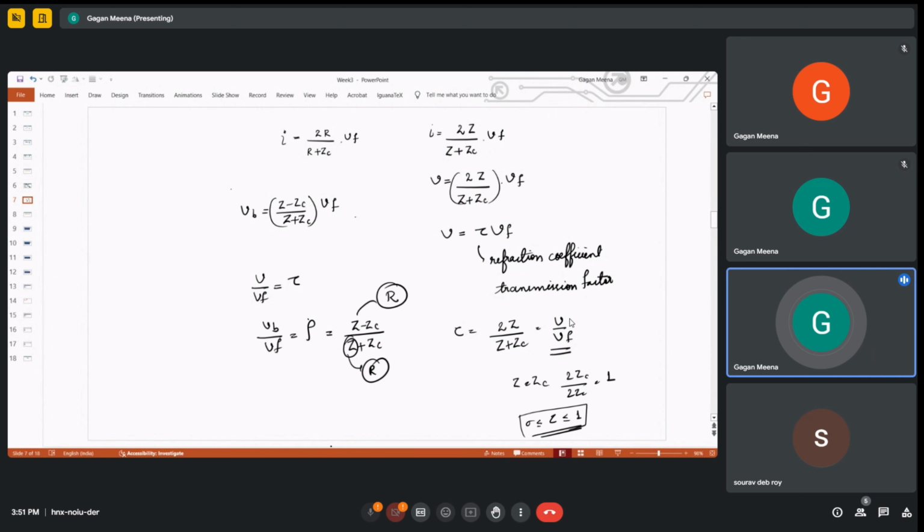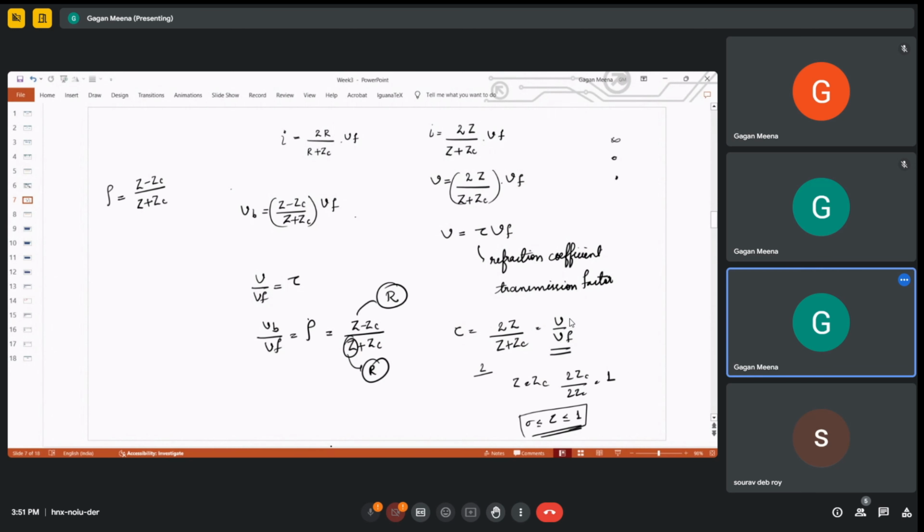Now if the termination is an open circuit, then there is infinite impedance.